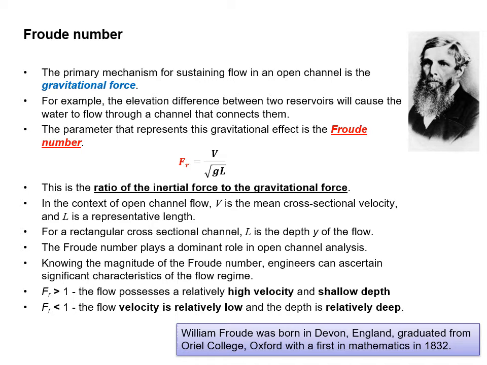The Froude number plays a dominant role in open channel analysis. So knowing the magnitude of the Froude number, engineers can ascertain significant characteristics of the flow regime. So if it's greater than 1, the flow possesses a relatively high velocity and shallow depth. If it's less than 1, the flow velocity is relatively low and the depth is relatively deep.